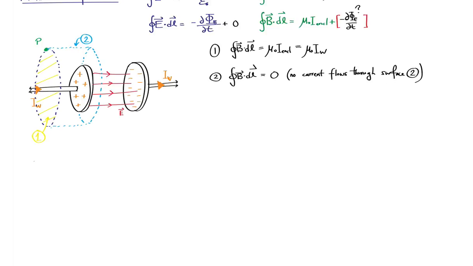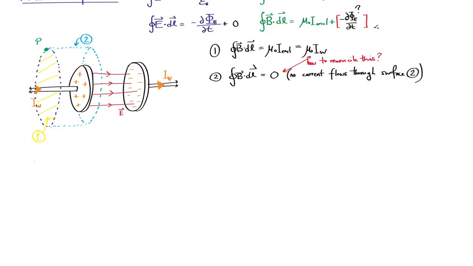The left sides of the equation must be the same because they use the same Amperian loop, but the right sides of the equation are obviously different, right? So how to reconcile this is our question.